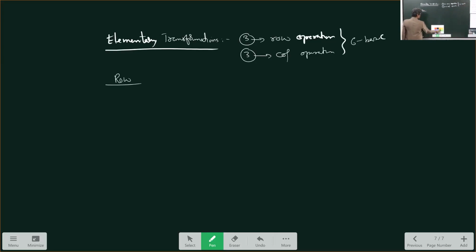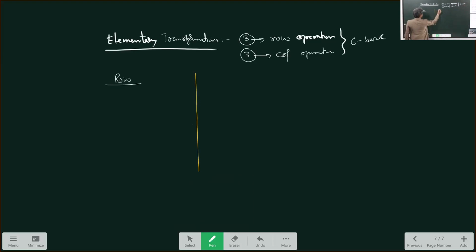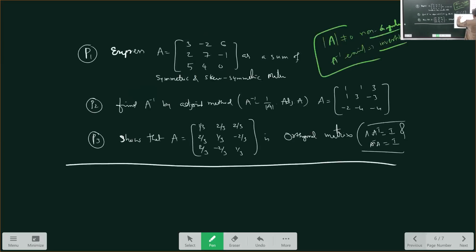The similar thing is possible with the column. But the same thing is with respect to the column. So the first operation is denoted by Ri interchanging with Rj. The simple way of writing is Rij, saying that the ith row and jth row are interchanging.